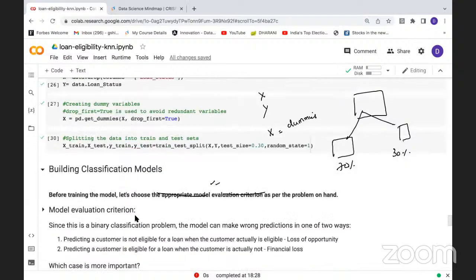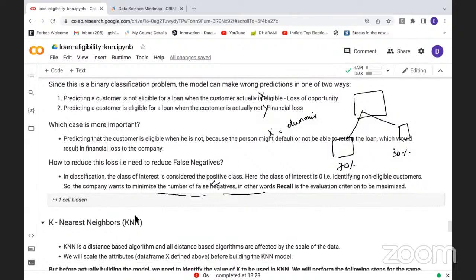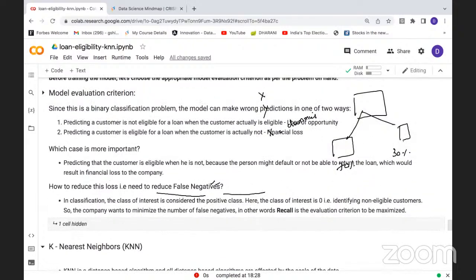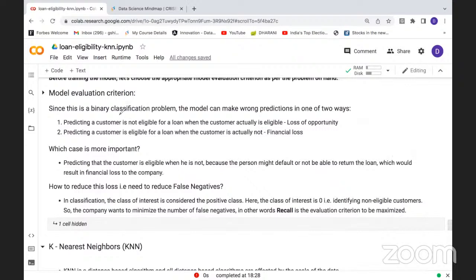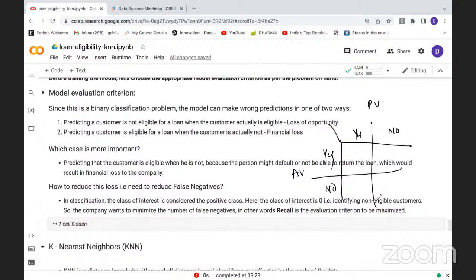Right? Now the evaluation metric here is the confusion matrix, which I have explained just now. So when you are drawing a contingency table like this, yes or no, predicted value, actual value, yes or no. Now you are going to say this is true positives.